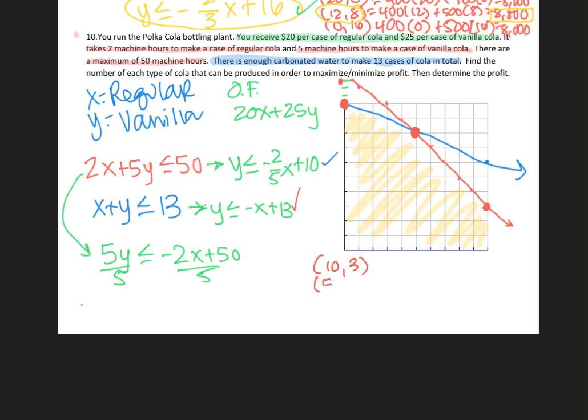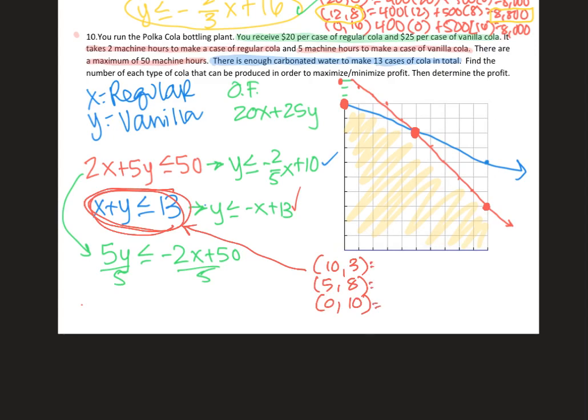So 5, 8. And this one is 0, 10. Now, if you look at these numbers for my vertices, when you add them together, you should not get over 13, and that stems from here. 13 is okay, but you cannot get over 13.